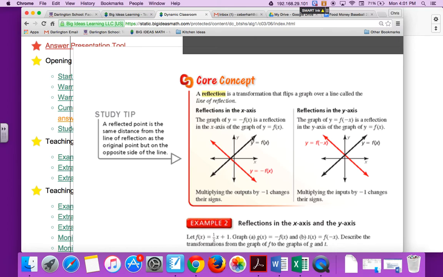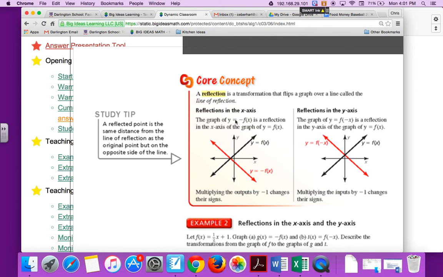Now, if we multiply everything by technically a negative 1, we're going to be flipping that whole thing over the x-axis. Multiplying the outputs by negative 1 changes their signs and makes them all now have a negative slope. If we want to reflect it over the y-axis, we do that to the x's, the inputs.